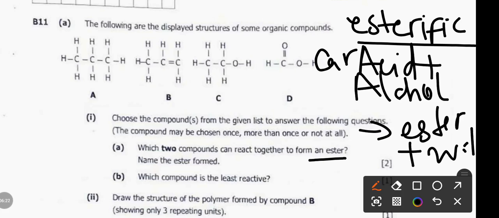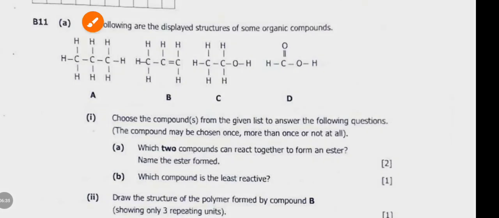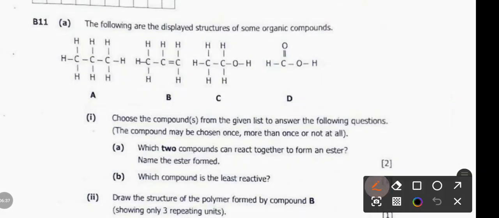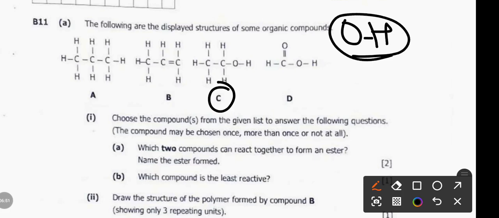So the two compounds that we should identify: one should be a carboxylic acid and the other should be an alcohol. From what I can see here, the alcohol is C, because alcohols are characterized by the presence of this hydroxide functional group. So the one having this functional group is C. Therefore, C is my alcohol.